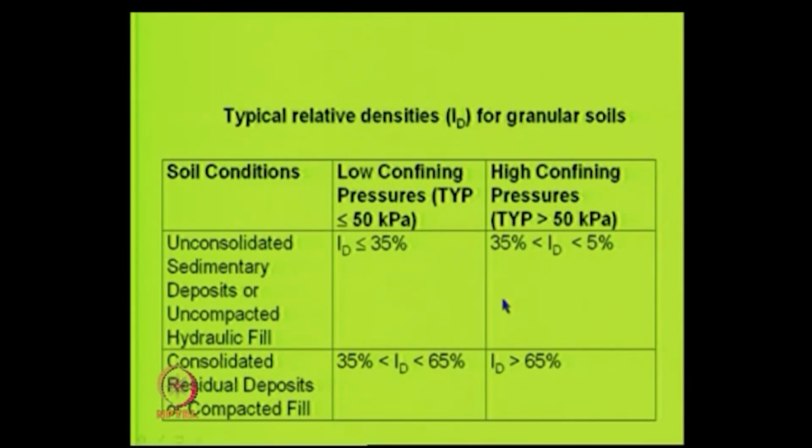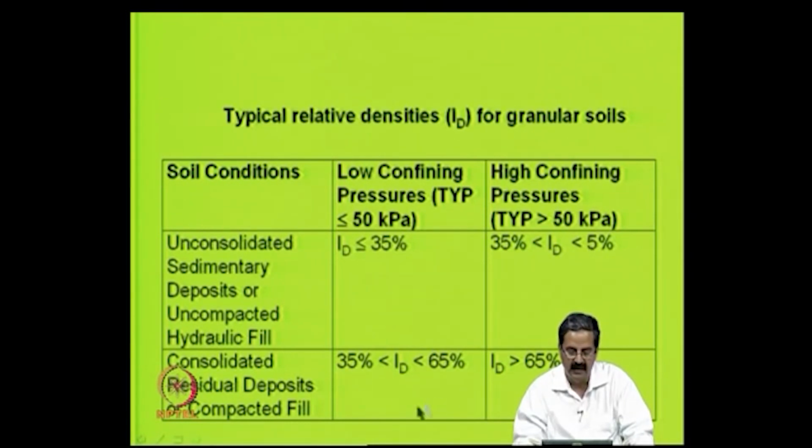The other important thing he noted was soil conditions. If it is a loose, unconsolidated or uncompacted material, the confining pressure is about 50 kPa, the load is not much, and the relative density is less than 35%. If it is a high confining pressure, the relative density is in the range of 35 to 50%.